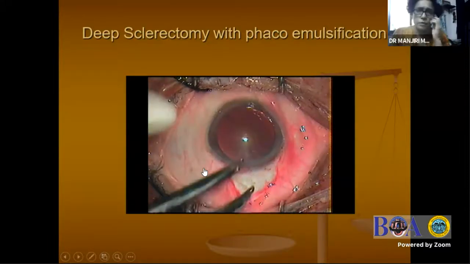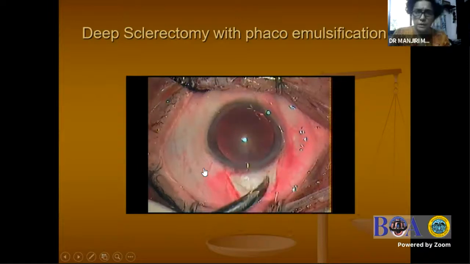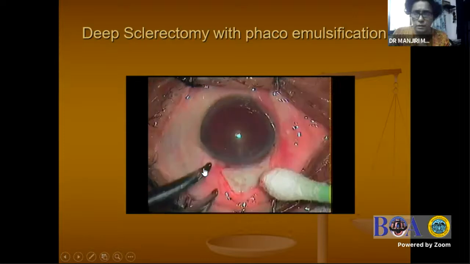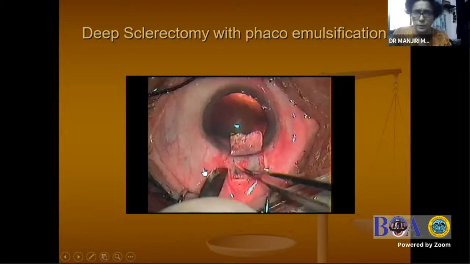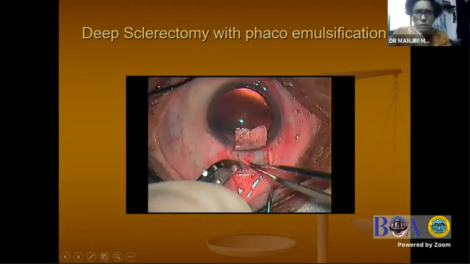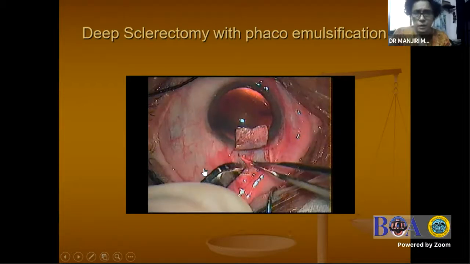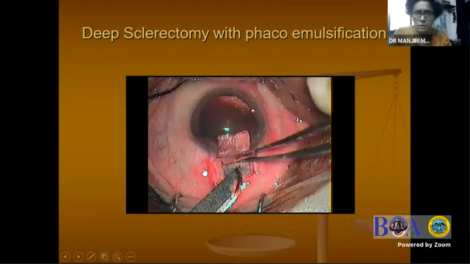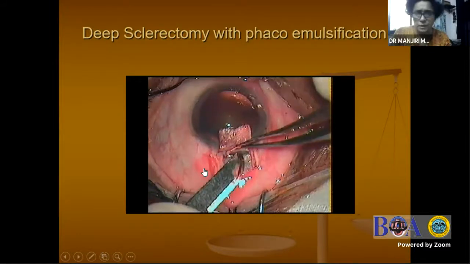Here the site of glaucoma surgery is superiorly. Here I have finished taking the superior scleral flap. Now I am dissecting the deeper one. Now I am going towards Schlemm's canal.